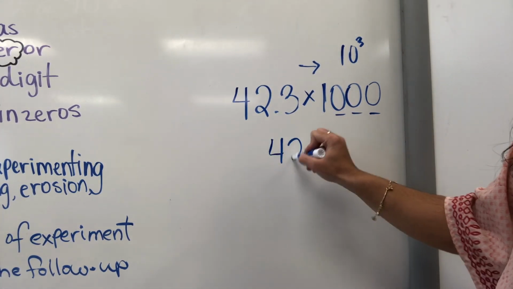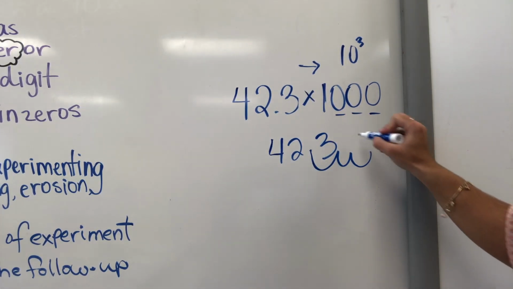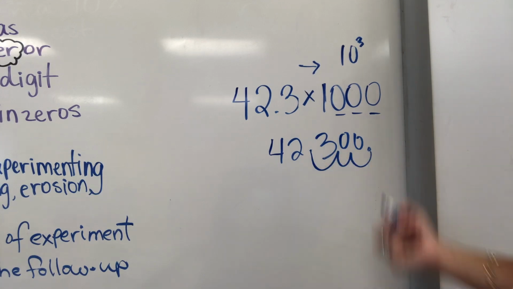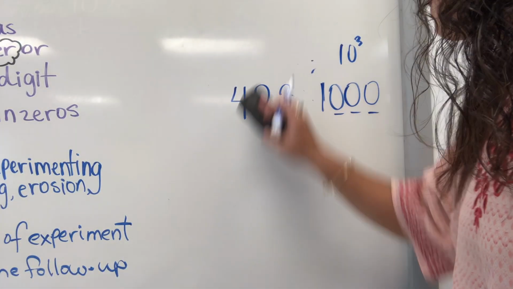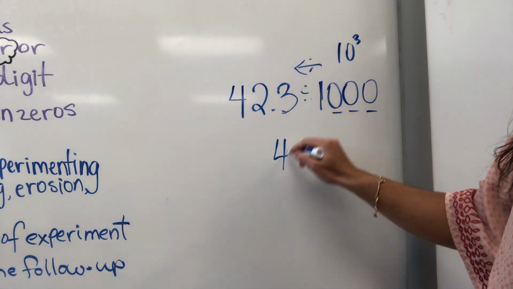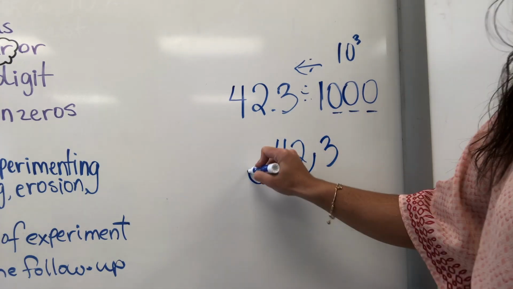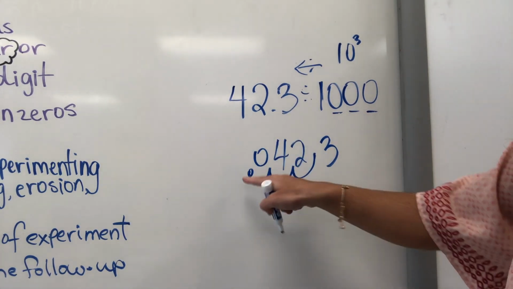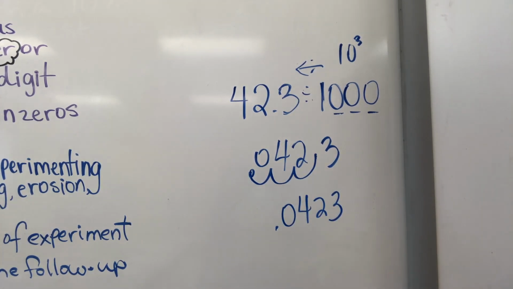I'm going to start with my number and move it 1, 2, 3 times to the right, and my answer is going to be the same. Likewise with division, I would move it to the left. I would start with 42 and 3 tenths, and I would move it 1, 2, 3 times to the left. I'm not going to leave it like that, so it's clear, I'm going to rewrite it so that my new answer looks like that.